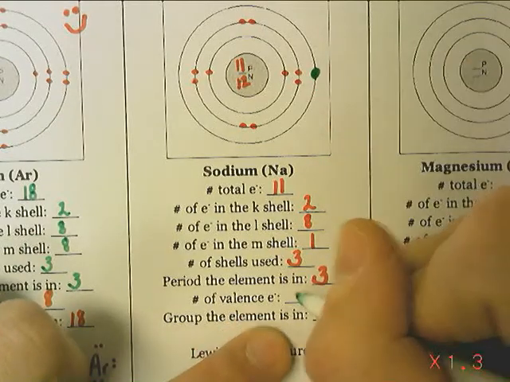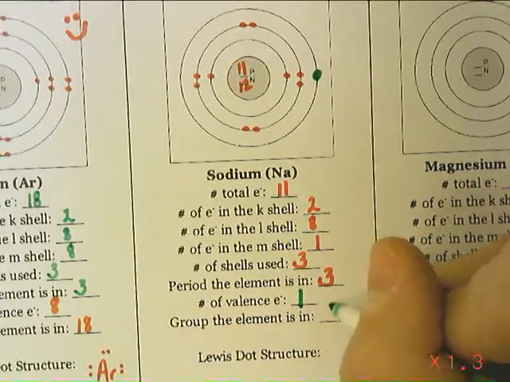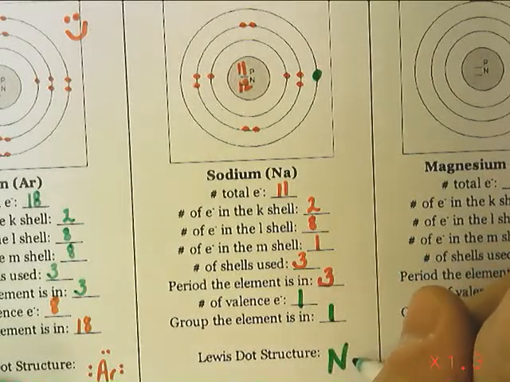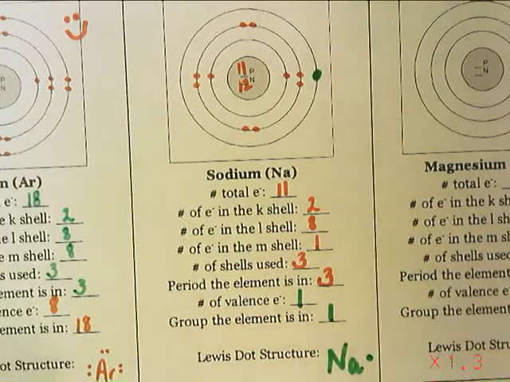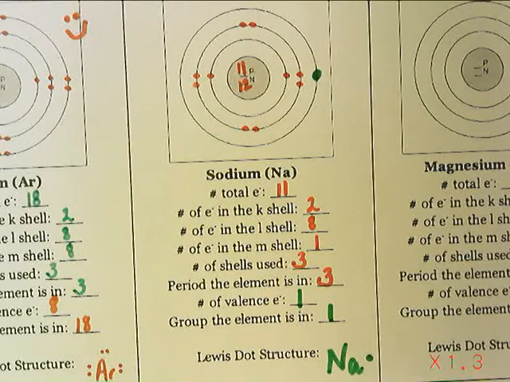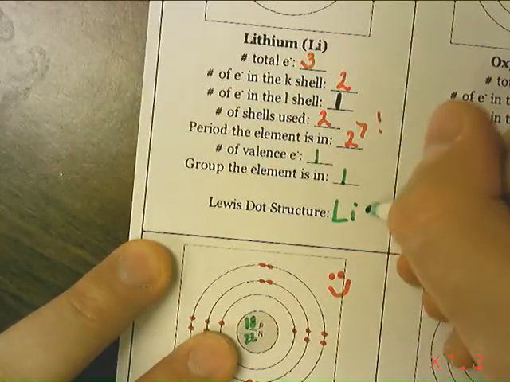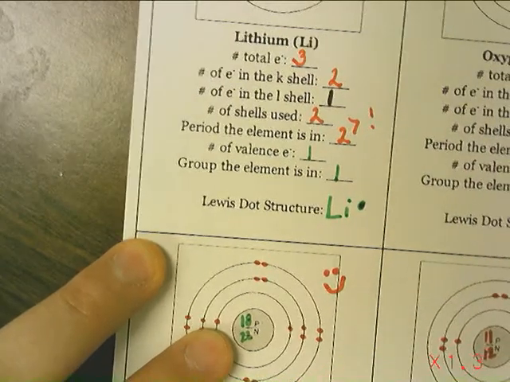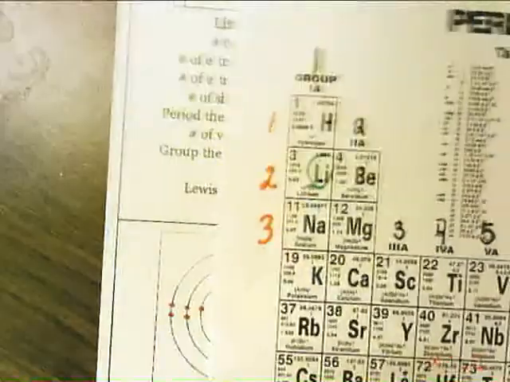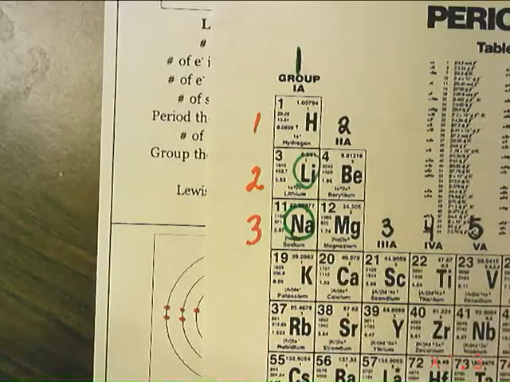It has 1 valence electron. It's in group 1. Its Lewis dot structure is that. Interesting. Lithium also has the same Lewis dot structure. And wouldn't it be coincidental that lithium and sodium are nearby each other?